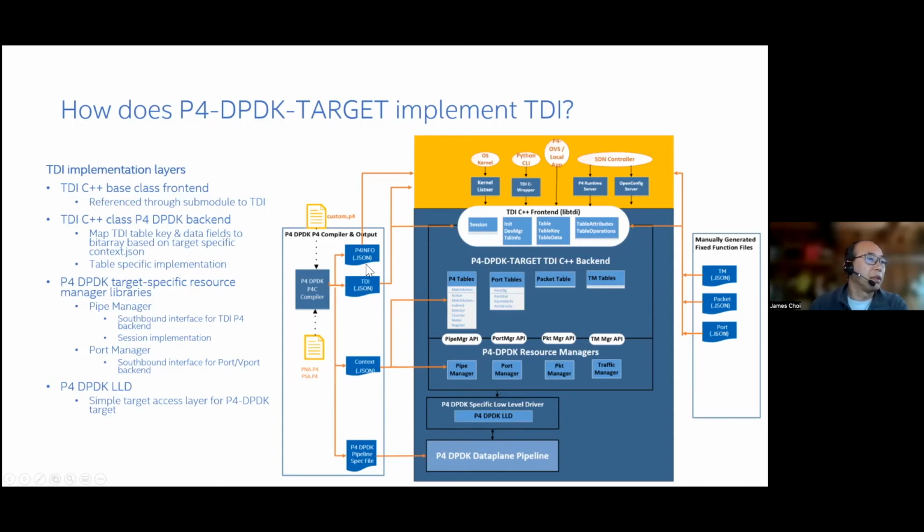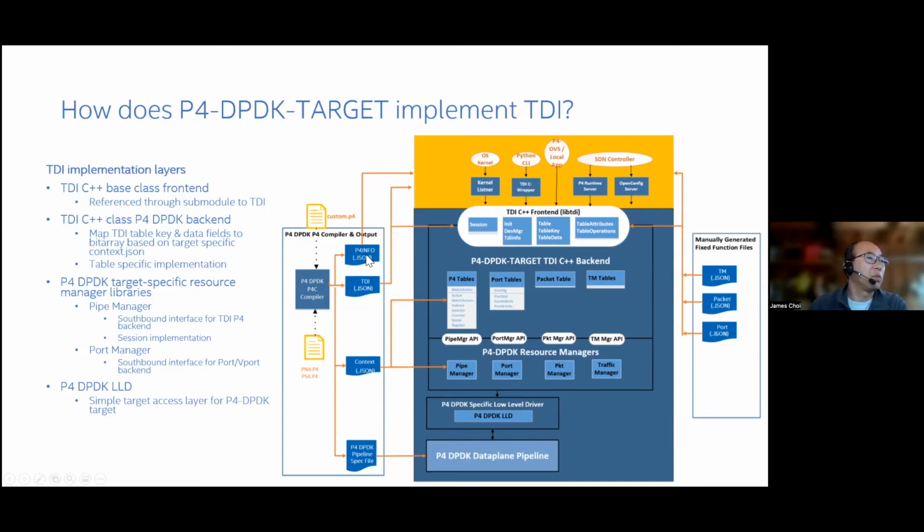The artifacts that the P4 compiler generates for P4 functionalities are P4 info, TDI JSON, context JSON, and the DPDK pipeline spec file, which is the binary that goes into the pipeline itself.